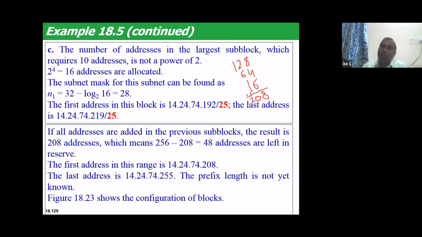Suppose this company opens a fourth office in some other place, the remaining 48 addresses can be allocated as a subnet. This is how you should design. Where the address will begin and where it will end, you have to do for every subnetwork. Have you understood the concept of subnetting and giving addresses to the subnets?